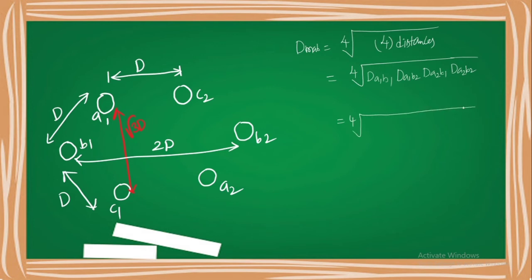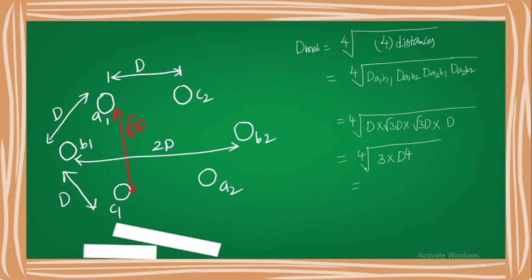Now it is the fourth root of, what is the A1 to B1 distance? D. A1 to B2 distance, they are alternate corners, so it is root 3 times D. A2 to B1 distance is again root 3 times D. A2 to B2 distance is D. So finally you get the fourth root of root 3 into root 3, 3 into D, D, D, D, which gives D power 4.